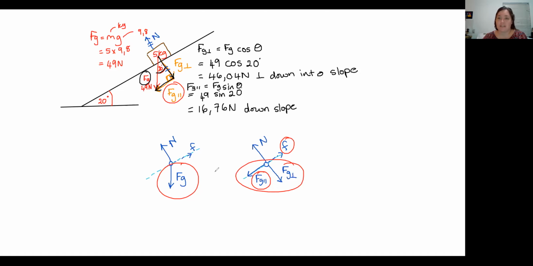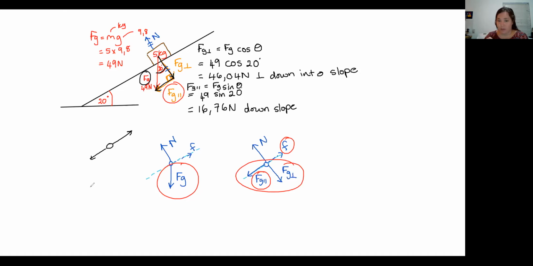If the object is accelerating down the slope, then you need to consider that the forces acting up and down in the plane of the slope, this way and this way, either one of them could be bigger. Something else that I do like to point out is that which way friction acts depends on which way this object is moving.